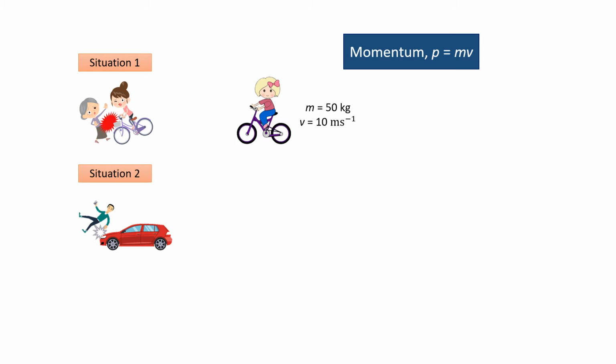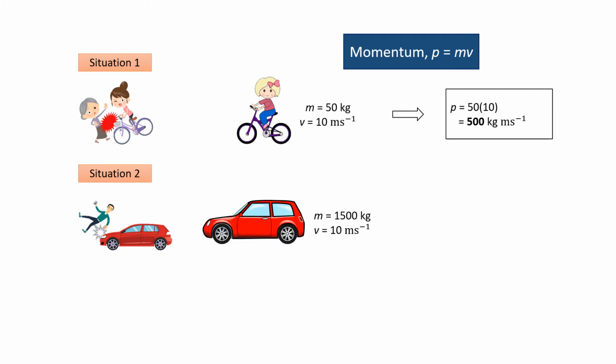Here, the momentum of the bicycle is 500 kg m/s. In situation 2, the mass of the whole car is 1,500 kg and the velocity of the car is also 10 meters per second, same as the velocity of the bicycle.